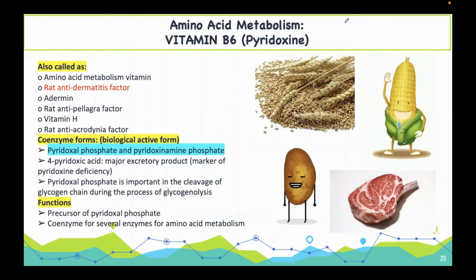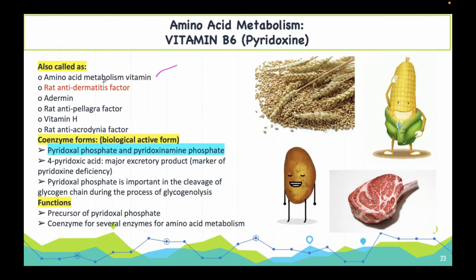So for our next vitamin B complex, let us now proceed with your vitamin B6 or what we call your pyridoxine. It is under your amino acid metabolism. Again, let us now move forward to your vitamin B6 or what we call your pyridoxine. Okay, it is also called as your amino acid metabolism vitamin.